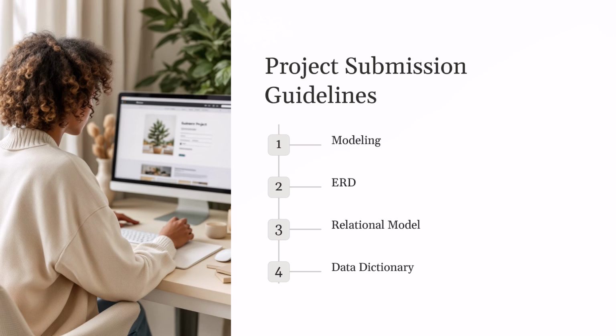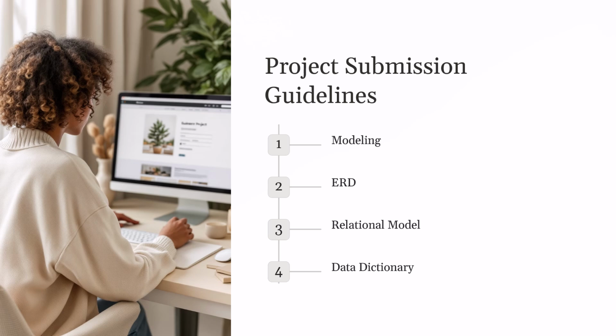So the four main components you need to include in your final project submission. Number one will be modeling. That will define the business needs and rules that shape your database. Number two will be the ERD. So please submit a clear entity relationship diagram, either from Access or a drawing tool.